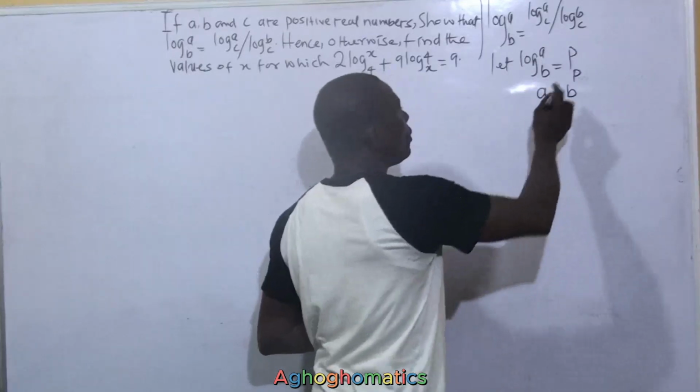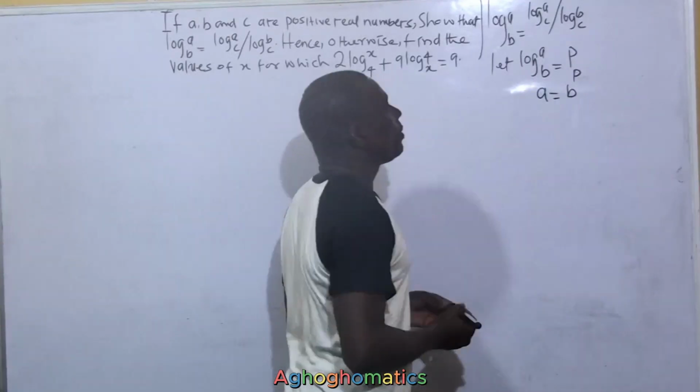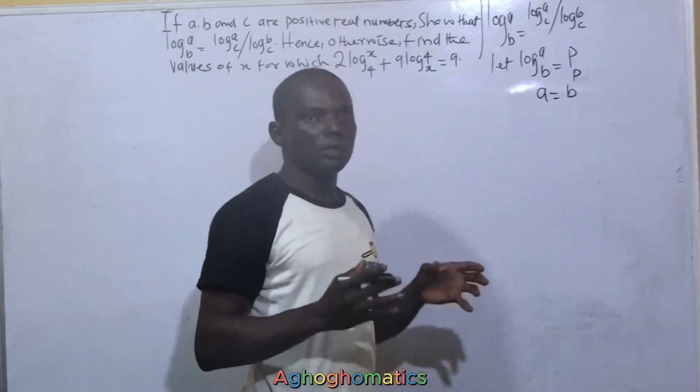So here we know that A is equal to B raised to the power of P.